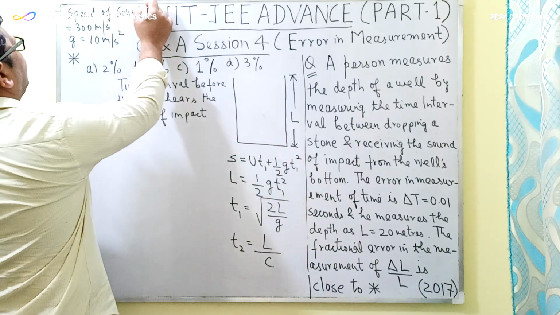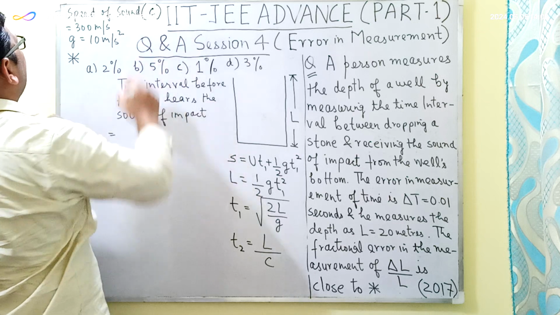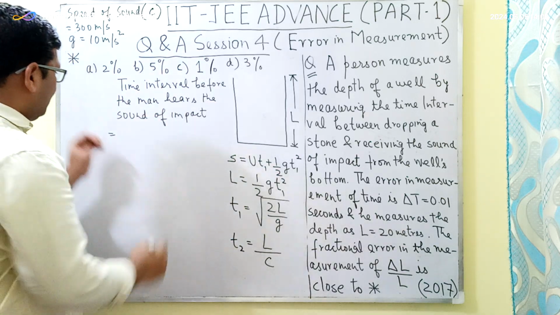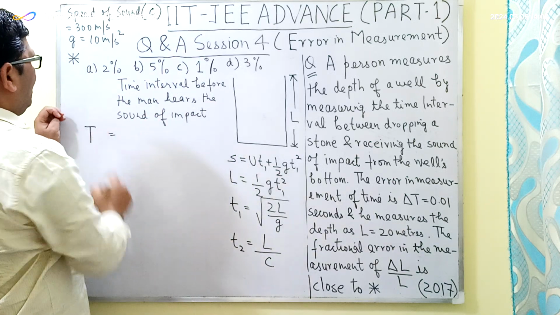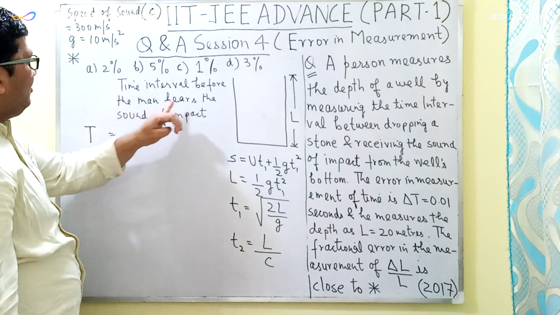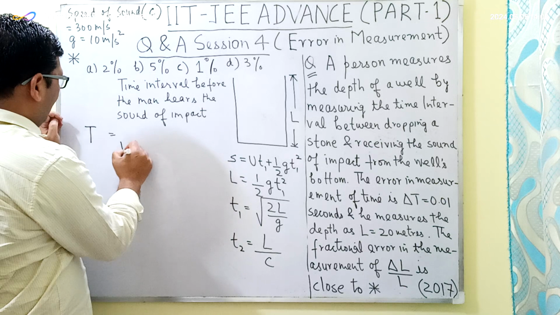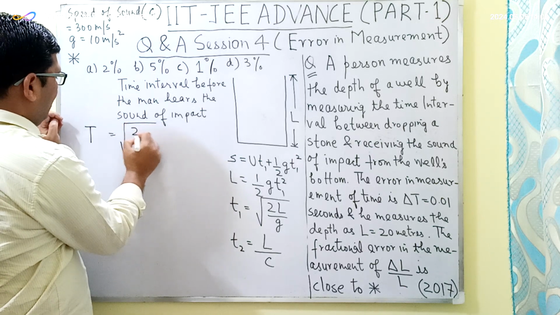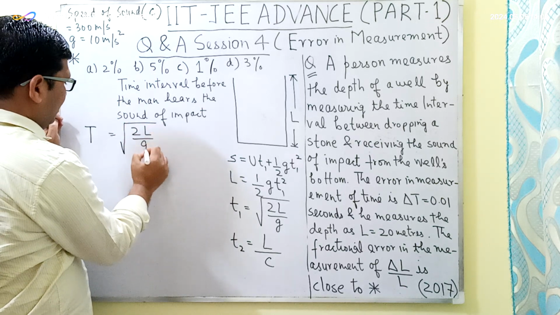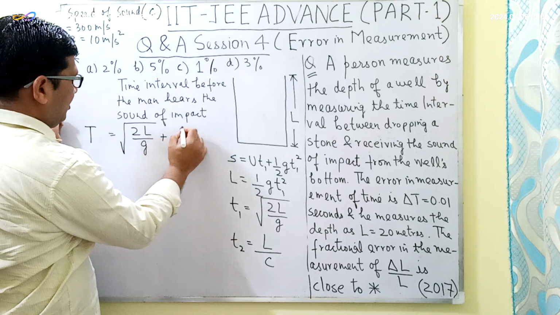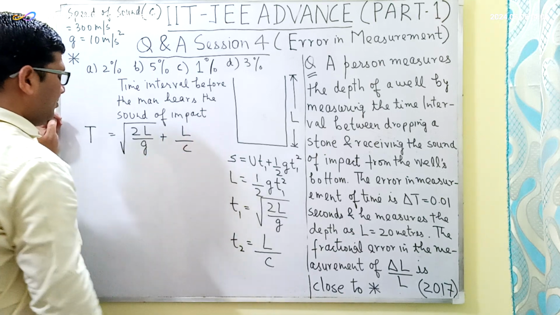I am just taking the speed of the sound as c, which is equal to 300 meter per second. So the time interval t before the man hears the sound of impact will be equal to under root of 2L upon g plus L upon c.